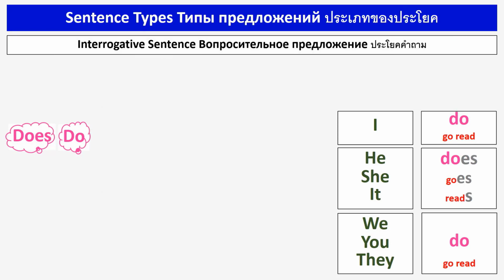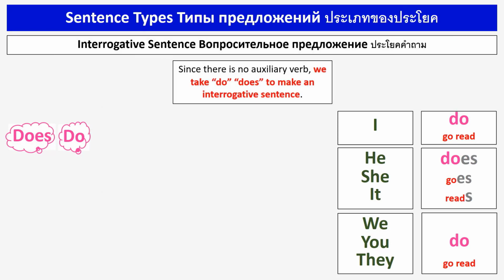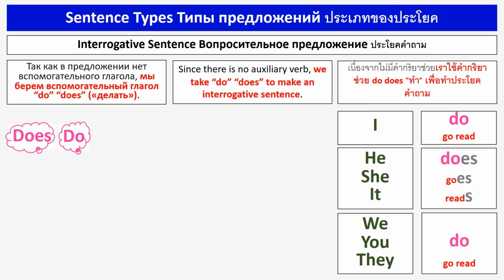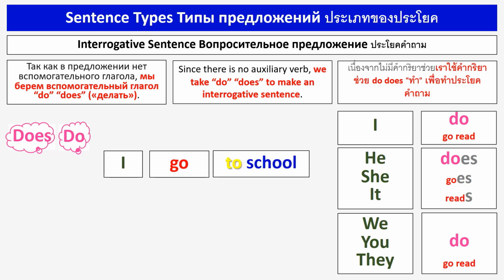Interrogative sentence. Since there is no auxiliary verb, we take do, does, to make an interrogative sentence. I go to school.